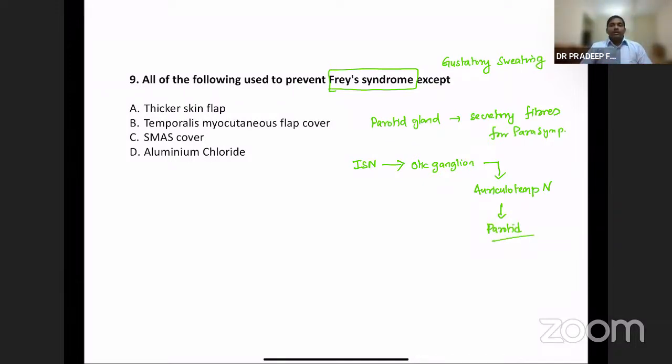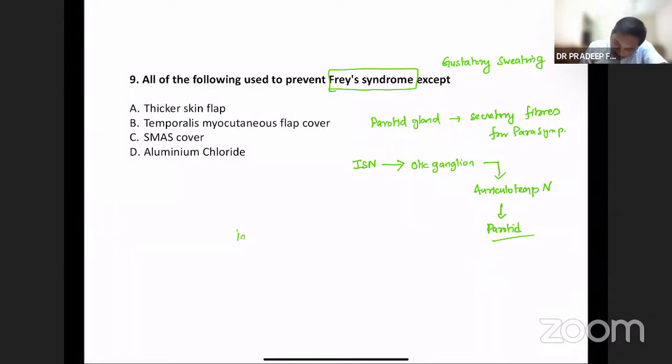So during the parotidectomy, the auriculotemporal nerve fibers innervating the parotid will be injured. Once the parotidectomy has been completed, the injured auriculotemporal nerve will start regenerating through the normal nerve regenerating mechanism and starts innervating the sweat glands that are already innervated by the sympathetic nervous system.